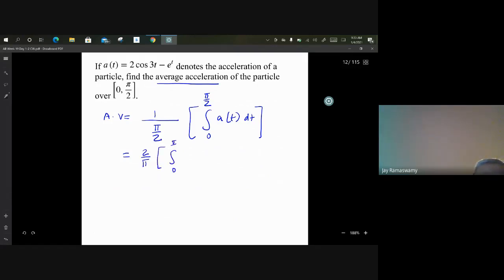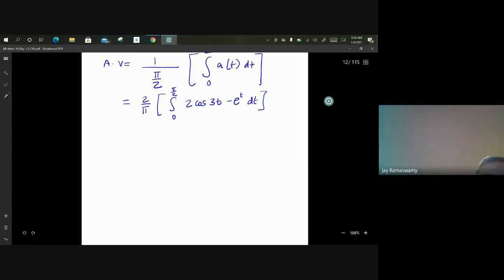0 to pi over 2. Is that just that function? 2 cos 3t minus e^t dt. Is everybody okay there? Next step, look down. I'm walking you through. Look down. 2 over pi. Okay, stop.